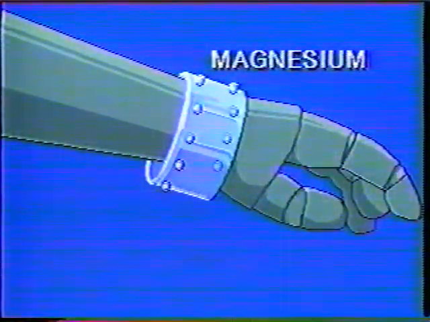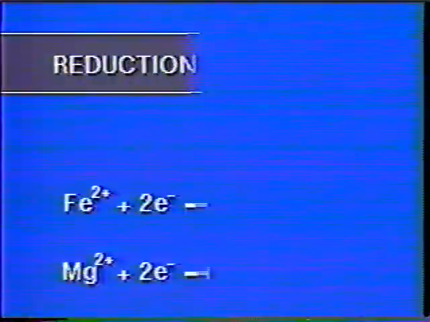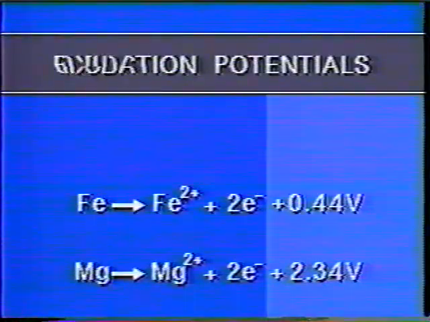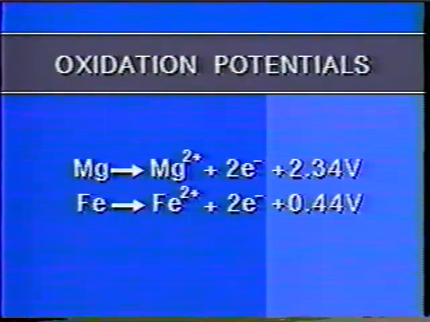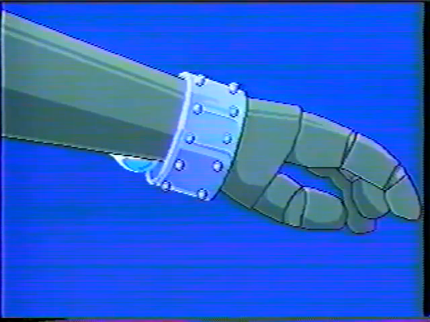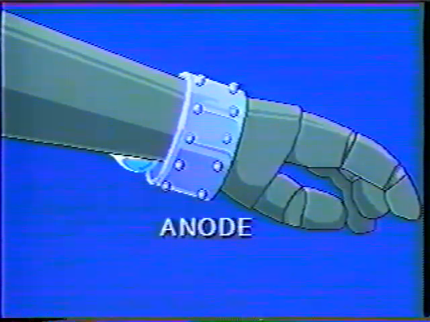Another version of this kind of protection is a little more flashy. Robot jewelry. Let's rivet on a bracelet of magnesium. Now, look at the reduction potentials of iron and magnesium. Reverse their reduction potentials, and we see that magnesium has the higher oxidation potential. When a drop of salt water lands on the robot, magnesium becomes the anode where oxidation occurs.